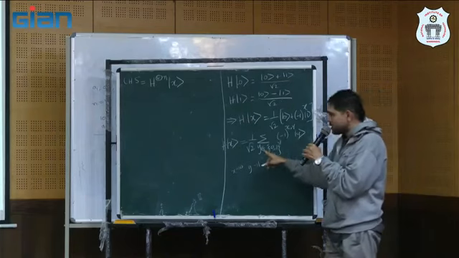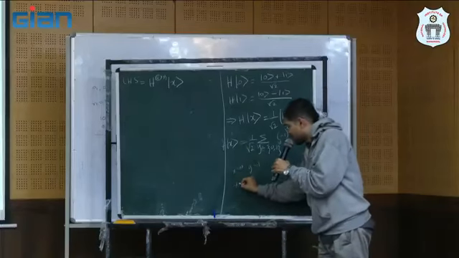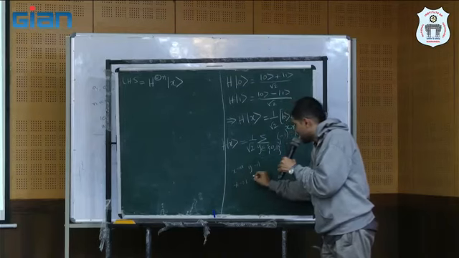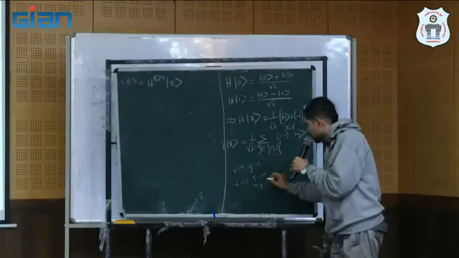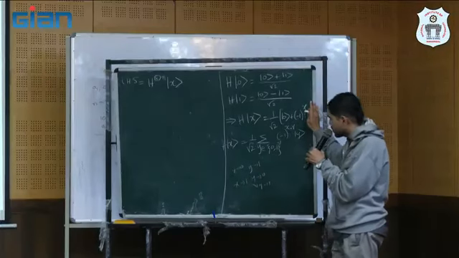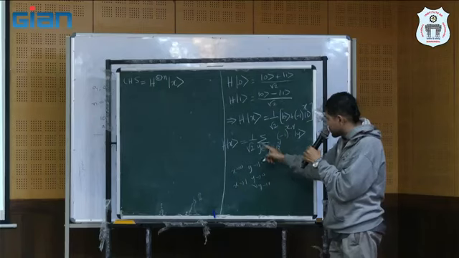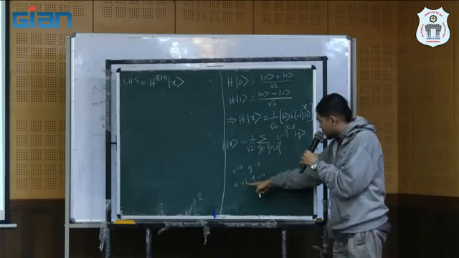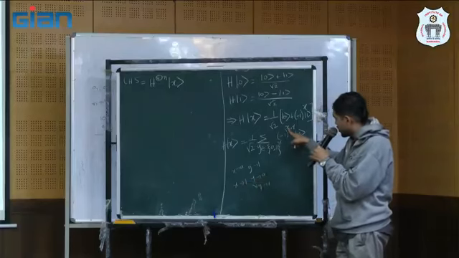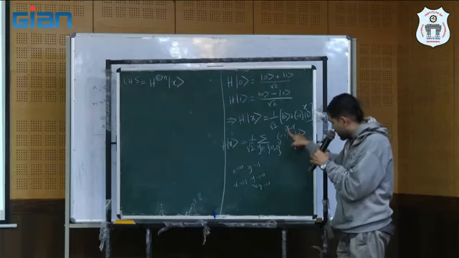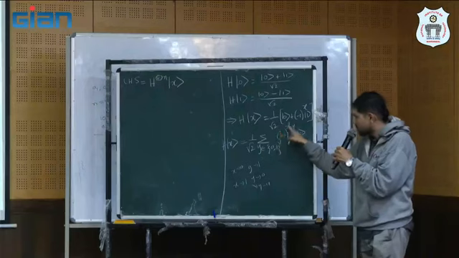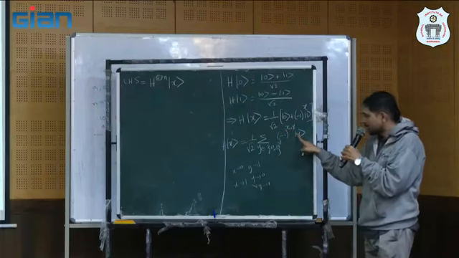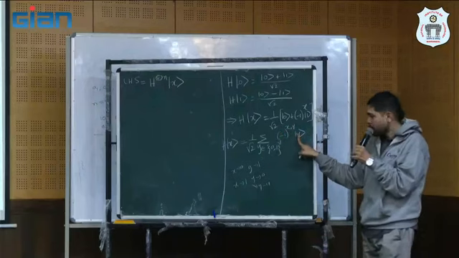Now x is 1, and y has two possibilities, 0 and 1. Suppose we take x is 1 and y is 0. Since x is 1, we will have minus 1 power 1 dot 0, so this will become plus of 0, which is what we desire.